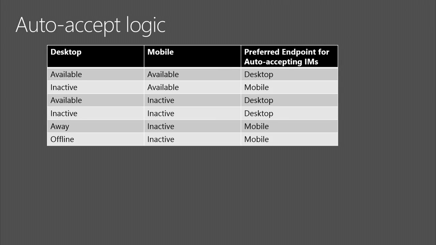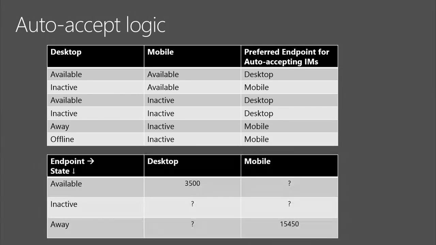Again, the present states are more like text or jelly beans, but at a code level, they translate into numerical values. For example, available for desktop has a presence container value of 3500. For mobile, when it's away, it's 15,450.